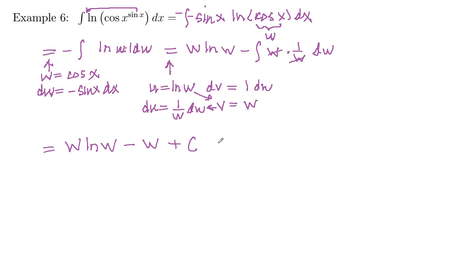W is cosine x. So this will be cosine x, natural log of cosine x, minus cosine x, and then plus our constant. And we've got it. So that one was properties of logarithms, a simplifying substitution, and then integration by parts.